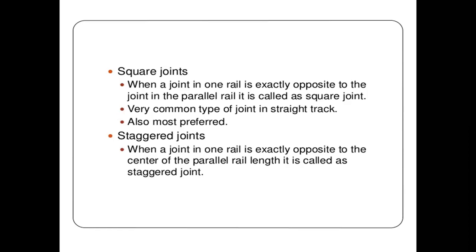When a joint in one rail is exactly opposite to the center of the parallel rail length, it is called a staggered joint. These joints can be seen on curved paths.